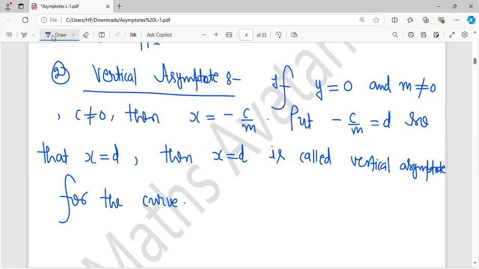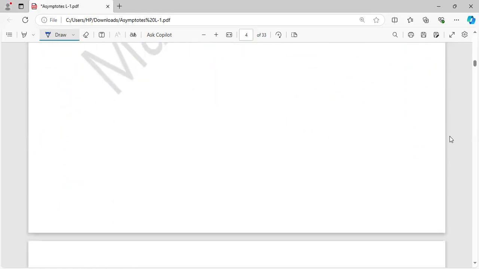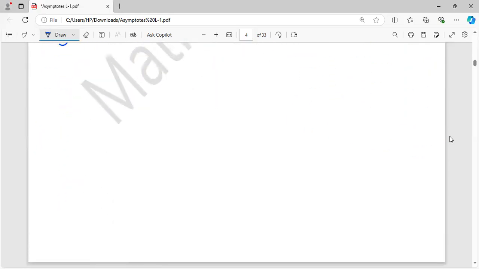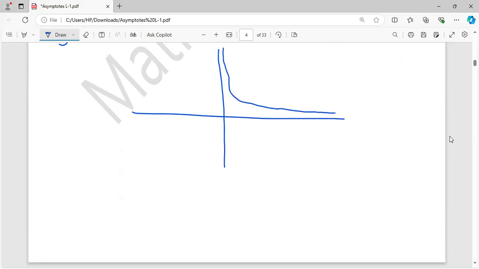You see this example. This is y is equal to 1 upon x, x greater than 0.